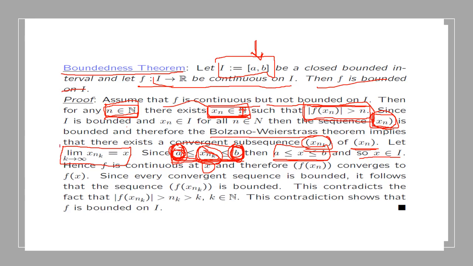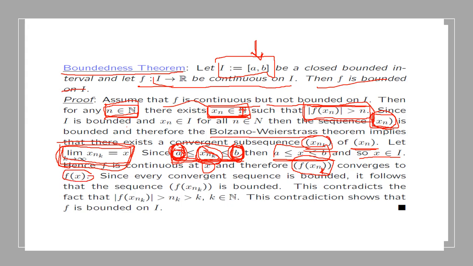Also, since xnk converges to x, and f is a continuous function, then f of xnk converges to f of x.